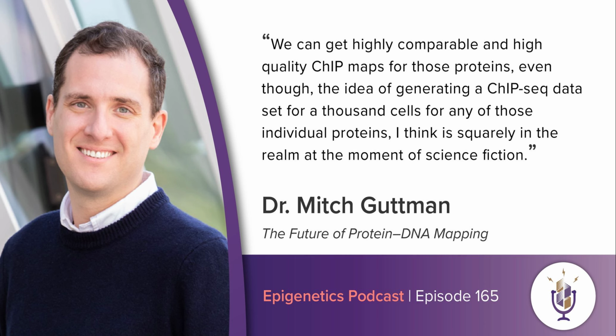And that would, of course, be a limitation if you're trying to understand the regulatory programs of individual cell types, or even, frankly, what the regulatory programs are in any given cell, because, of course, averaging can lead to ensemble profiles that may not be representative of any cell type. And that is a limitation, and it's a limitation, I think, of all ensemble methods.